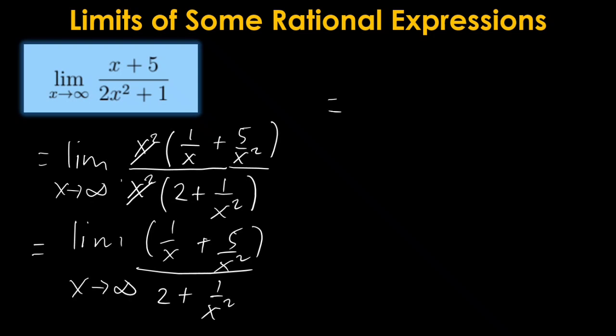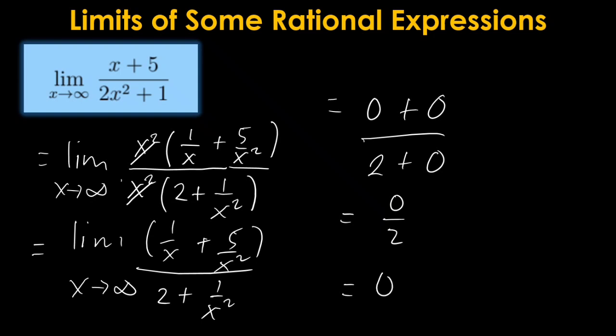We then have 1 over infinity is 0, plus 5 over infinity squared is just 0. And here 2 plus 1 over infinity squared gives you 2. So 0 over 2, the limit is 0 of this function.